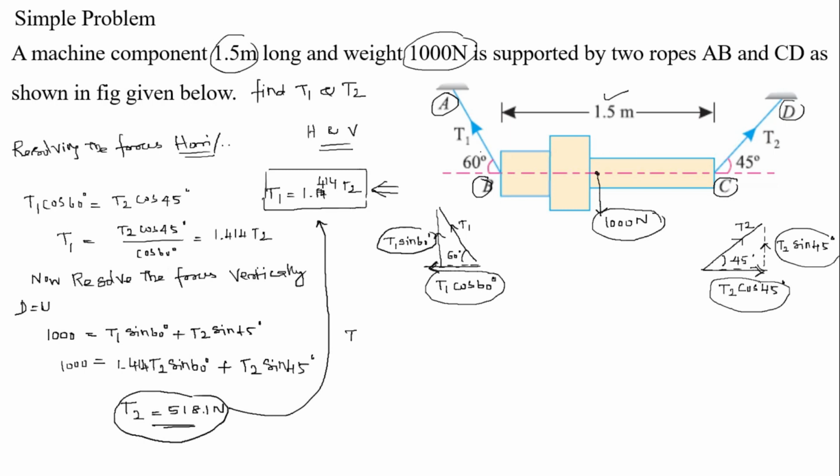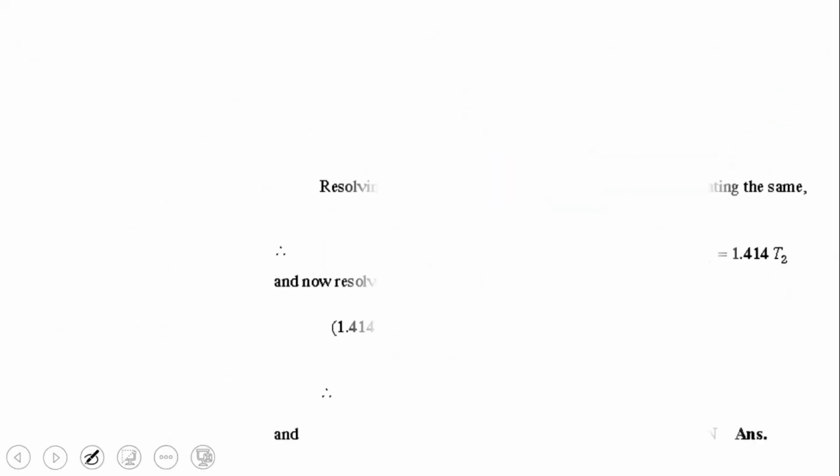So T1 is equal to 1.414 into 518.1 Newton. So T1 is equal to 732.6 Newton, right? So this is how we have to solve this problem, T1 and T2, clear, right?